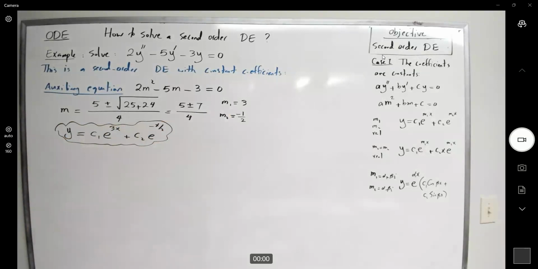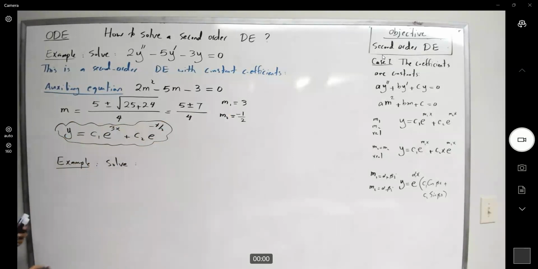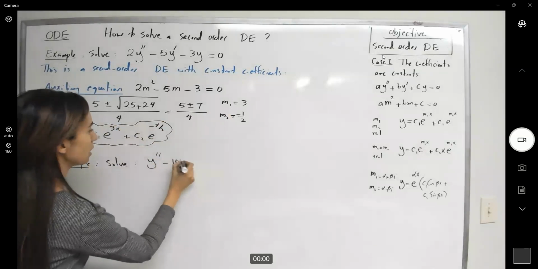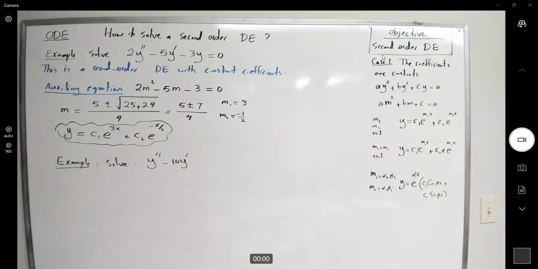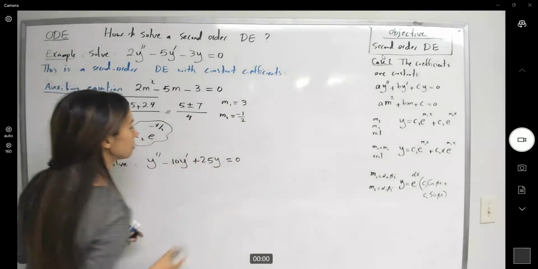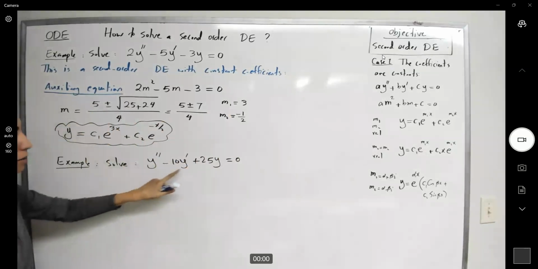The second example, the question says solve the following. Here we have the second derivative of y minus 10y' plus 25y equal to 0. Well, again, this is the case where we have a second order differential equation with constant coefficients.